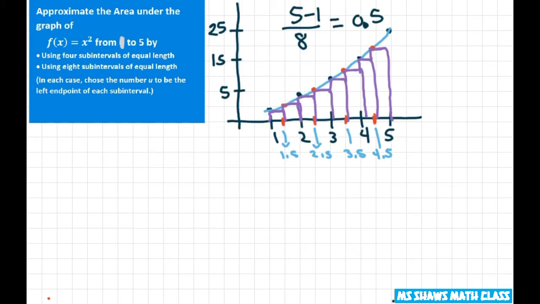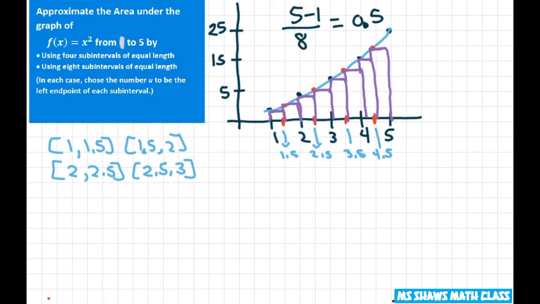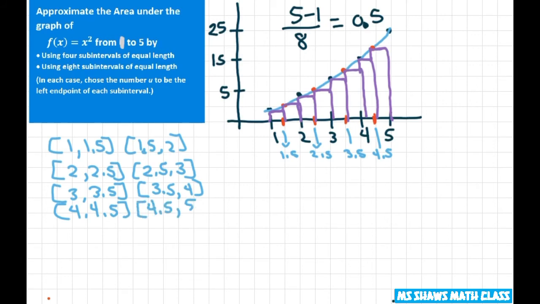So the way we're going to partition it is from 1 to 1.5, then 1.5 to 2, then 2 to 2.5, and 2.5 to 3, 3 to 3.5, and then 3.5 to 4, and then finally 4 to 4.5, and then 4.5 to 5. So those are our subintervals.